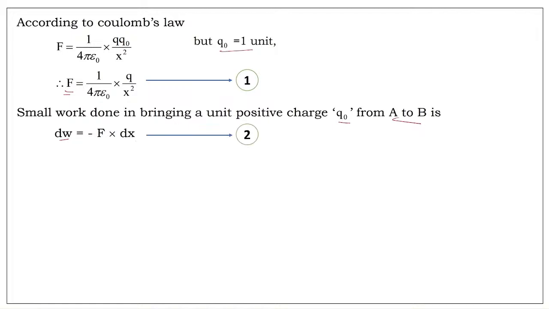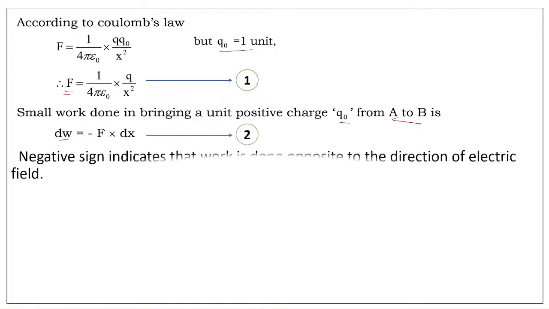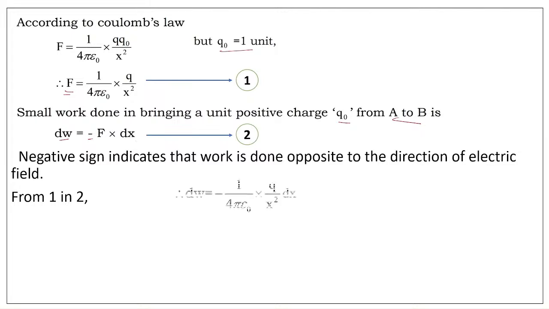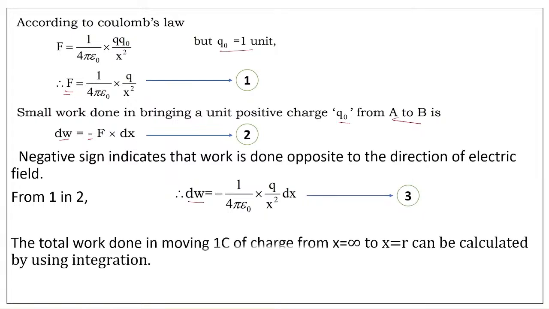Mark as equation 2. The negative sign indicates that work is done opposite to the direction of the electric field. Substitute equation 1 into 2, we get dW is equal to minus 1 by 4 pi epsilon naught, Q by x square into dx. Mark as equation 3. The total work done in moving 1 C of charge from x is equal to infinity to x is equal to r can be calculated by using integration.